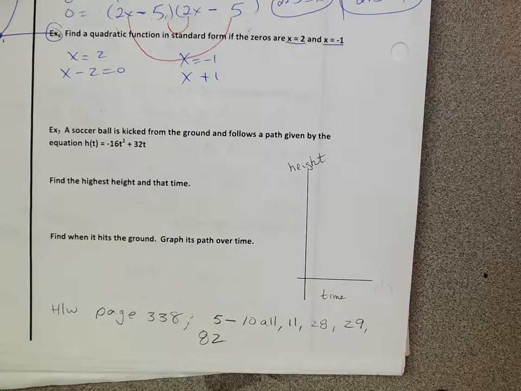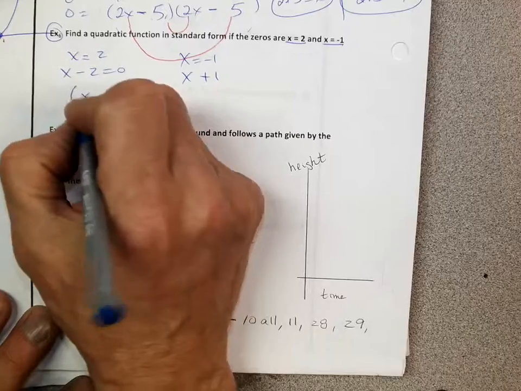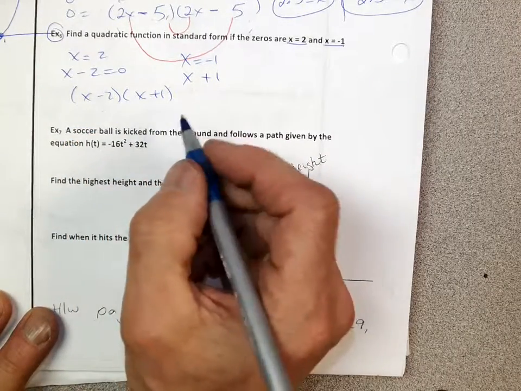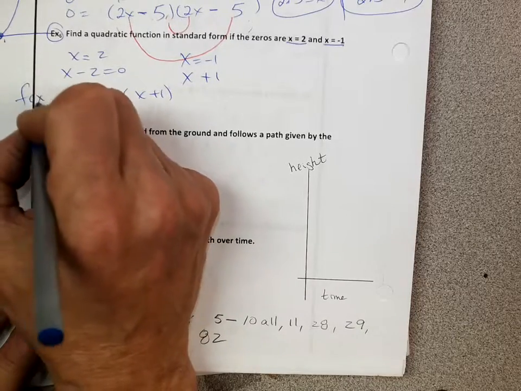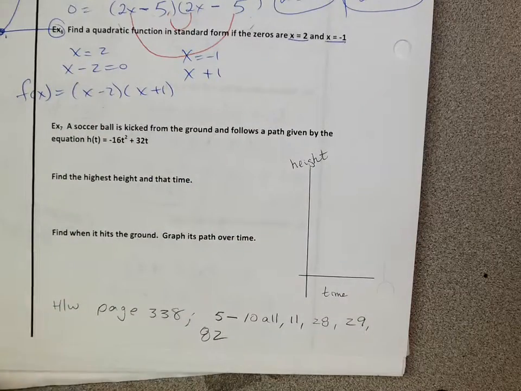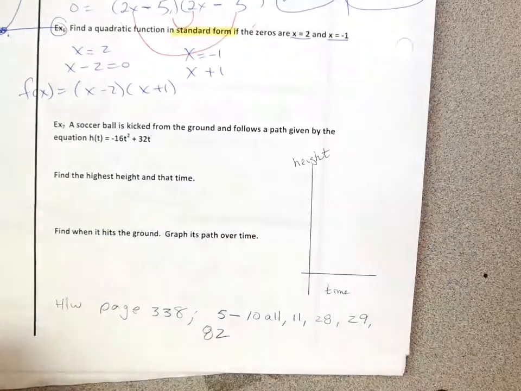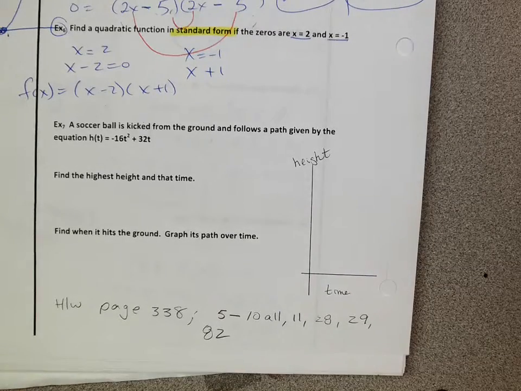Well, let's back up. Let's put them together. So really, we could have had an x minus 2 times an x plus 1, right? And that would equal my f of x. Okay, that's the answer, with one small exception. Once in standard form. So we're going to have to multiply it all out to get an answer, okay?